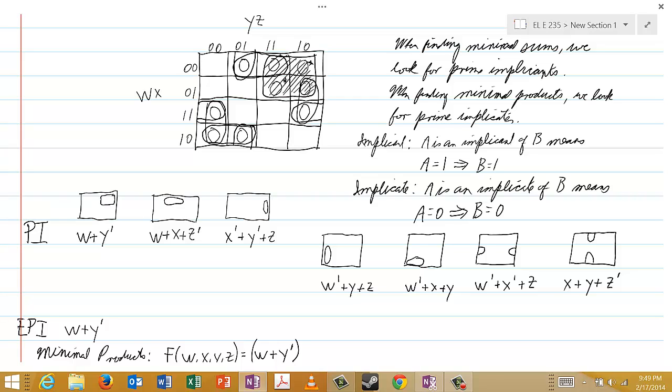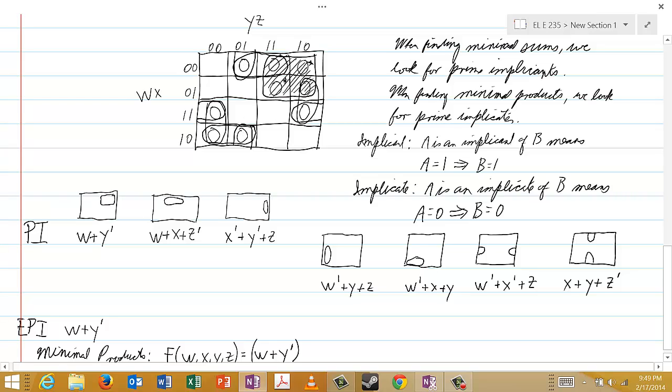So let's ask ourselves, we see that there are remaining 5 zeros, and let's consider the different ways that we could account for those. Well, if we include this prime implicate, the one that starts here and is continued on the bottom, that will take care of these 2 zeros.